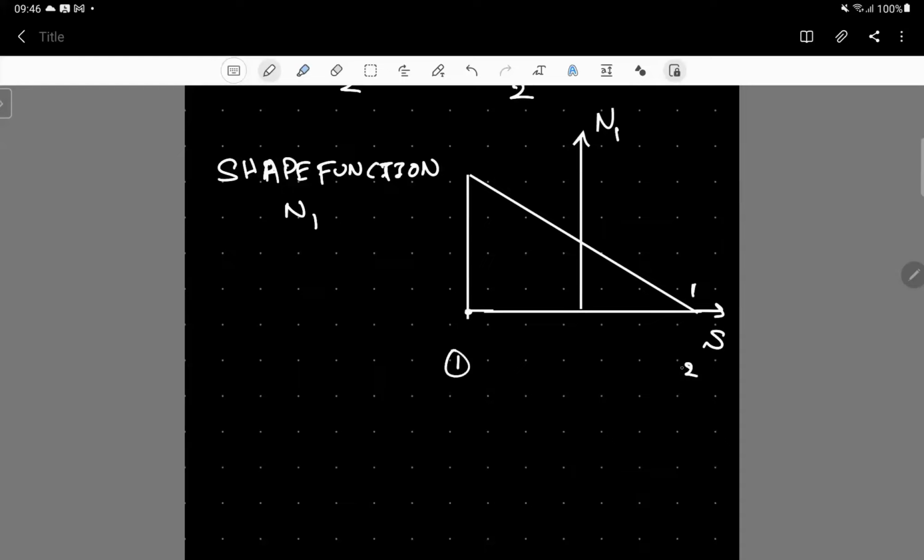These are the node numbers, so I'll put 2 circles around them. At the middle, it should be 0, and at the left-hand side, it should be -1. And what is the value of n1? At node number 1, n1 should be equal to 1. At node number 2, n1 should correspond to 0.